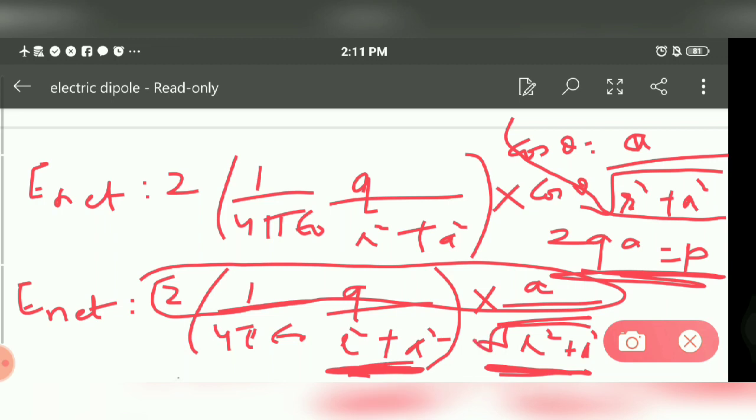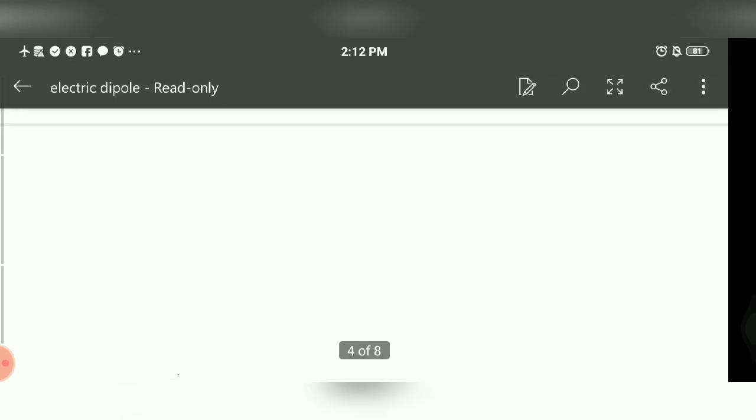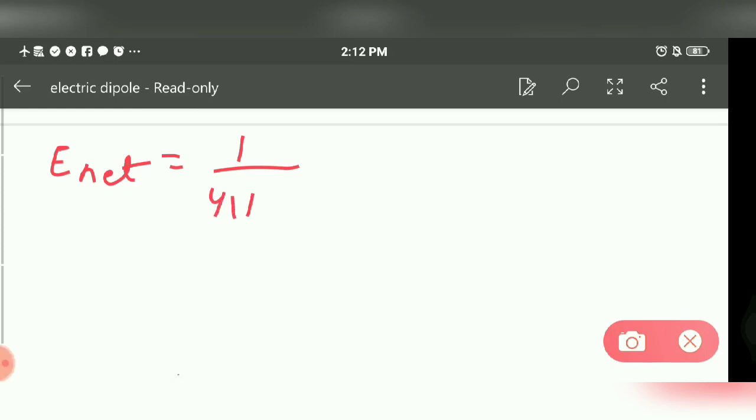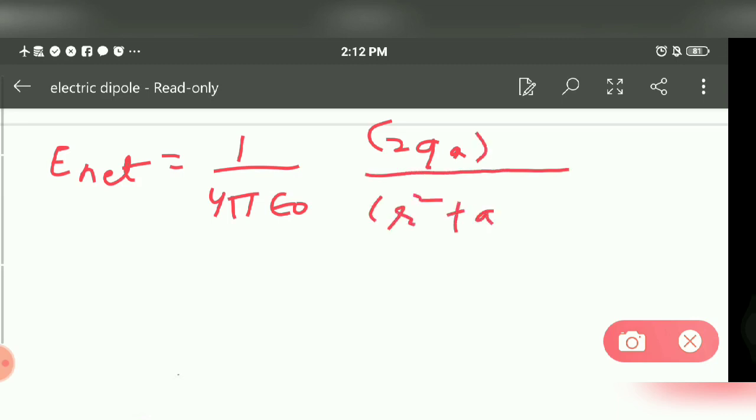2qa is equal to P, upon r square plus a square into the square root of r square plus a square. The bases are the same, the power is 1, the power is 1 by 2 over here. So the powers are going to be added. I'm going to do it more clearly. That is E net is equal to 1 by 4 pi epsilon naught. We get here 2qa upon r square plus a square power 1 into r square plus a square power 1 by 2.